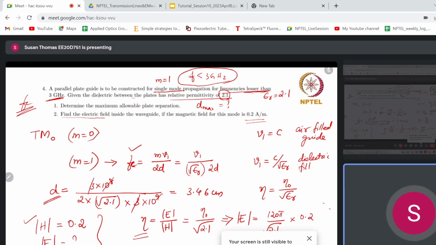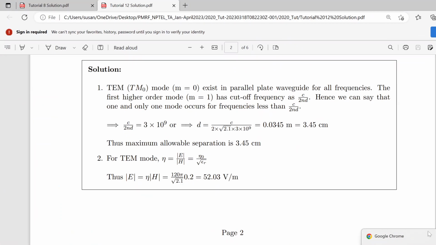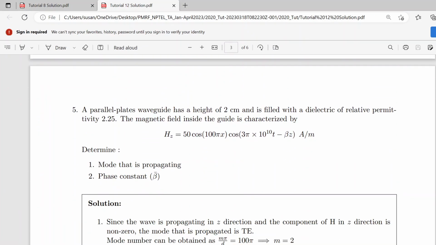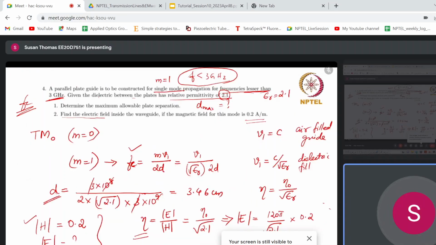So that is your magnitude of the electric field, which has units volt per meter, 52 volt per meter. So that's all with this particular question.